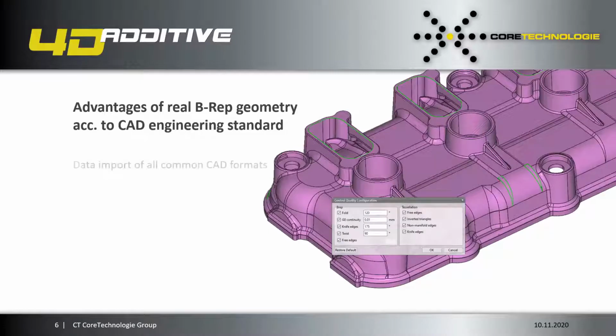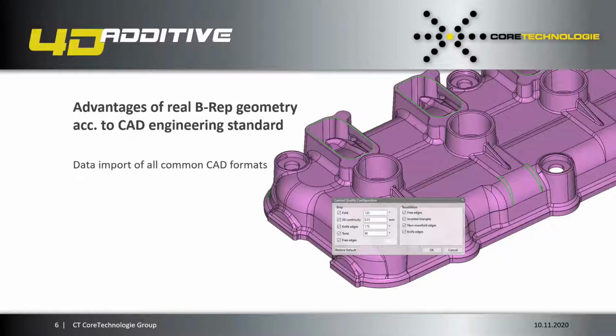You import your native file and the software will check for you if you have any faults or specific gaps between surfaces, knife edges, twists, or free edges.